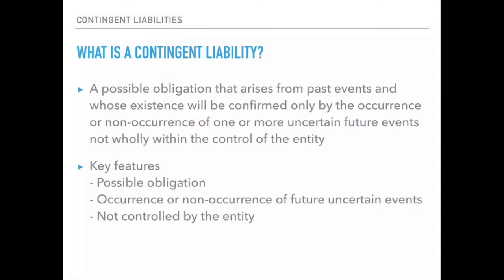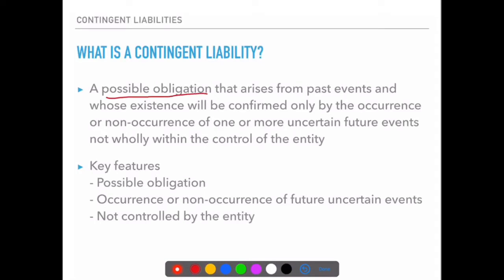The first type of contingent liability is a possible obligation that arises from past events whose existence will be confirmed only by the occurrence or non-occurrence of one or more uncertain future events not wholly within the control of the entity. That basically means that the obligation is possible. It's not a present obligation, it's a possible obligation.